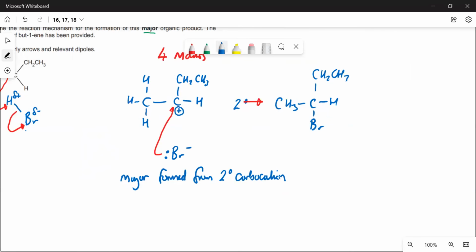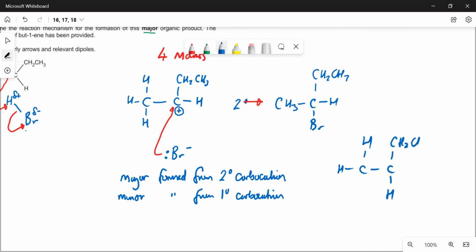The minor one would be formed from, in this case, a primary carbocation. I wouldn't bother writing this in the answer, but just to explain, what would that primary carbocation be? It would be like that. We stuck the hydrogen onto that one there instead, so we've got a positive charge on that carbon. That's the primary carbocation.